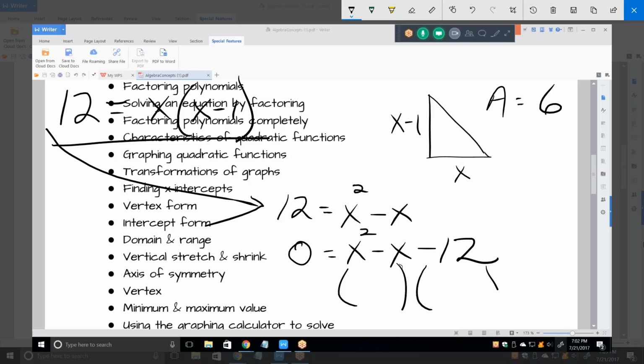I made it a little extra tough, but let's go through the steps of factoring that. First step. X and X. Second step. Minus and minus. How can you possibly produce a minus 12? You don't do it with 2 minus signs.